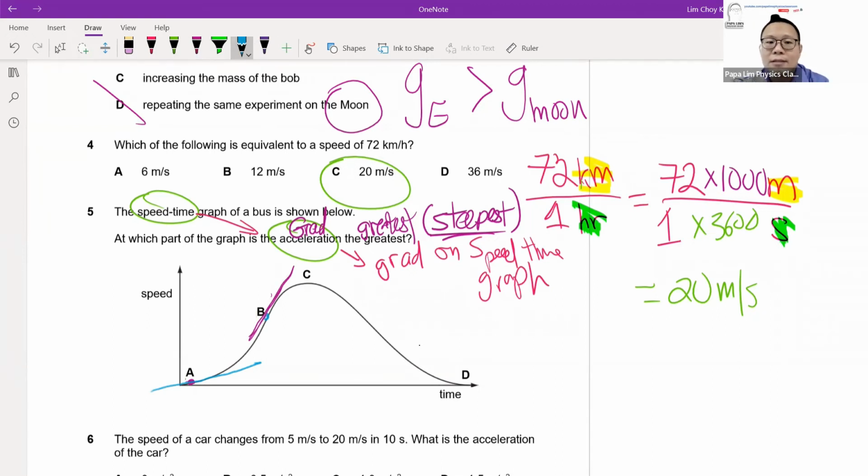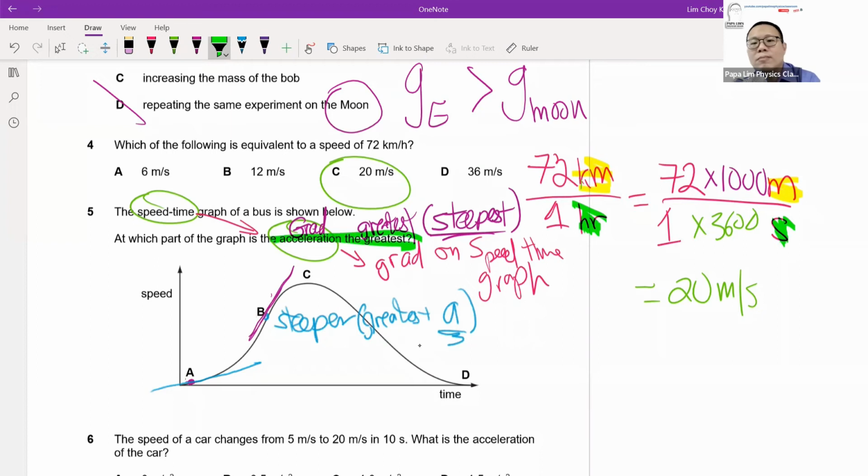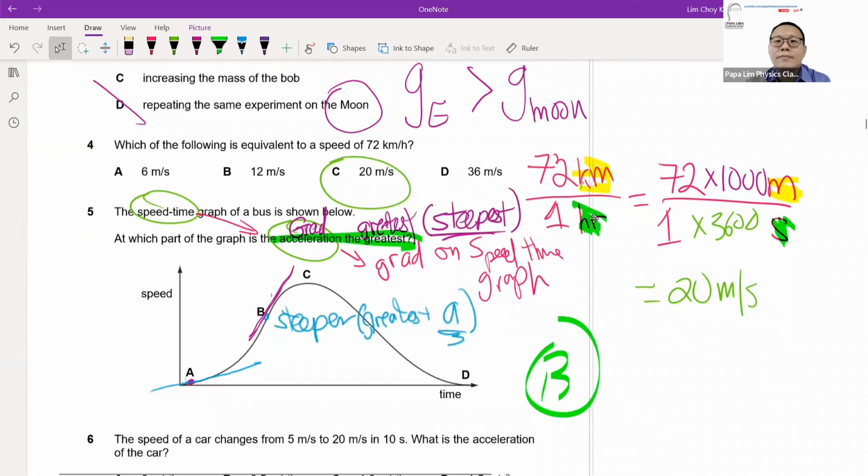A steeper gradient means the greatest acceleration, because on a speed time graph, acceleration is the gradient of the line. So if I want to find the greatest acceleration, I'm literally asking the student to look for the point with the steepest gradient or steepest line. And true enough, B is the point on the line with the steepest gradient.